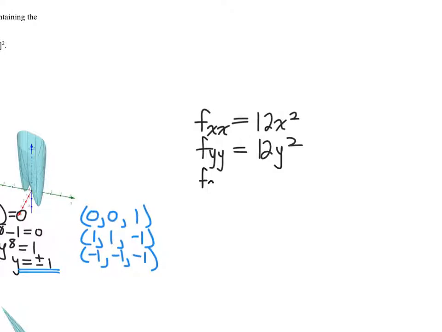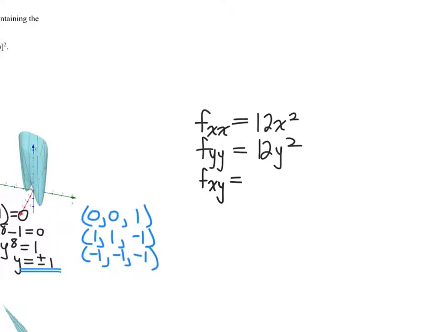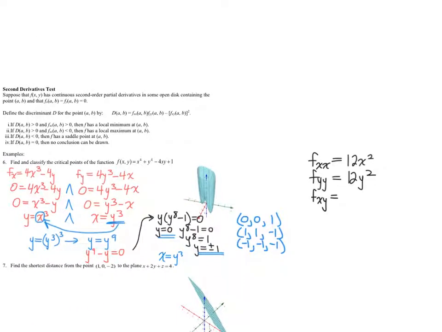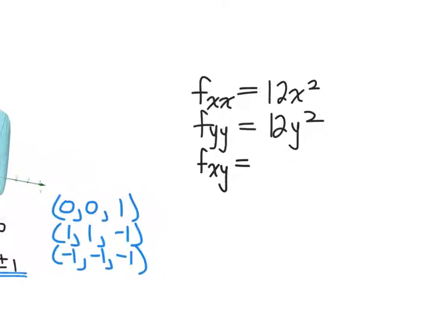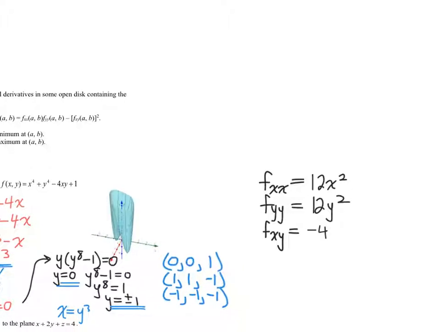So f x y. So I'll take my x model and do it with respect to y, which is a little bit easier, a lot easier. It's just a -4. So that's nice. All right, so again, I'm going to evaluate each of these for each of the coordinates and see what my d value is.